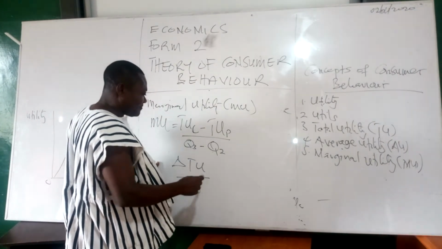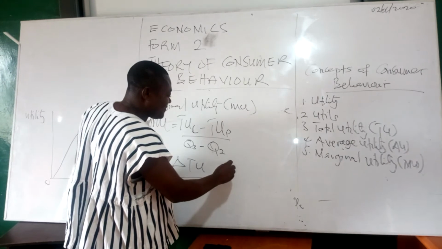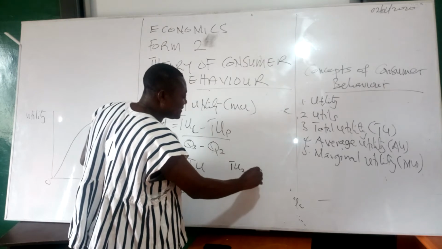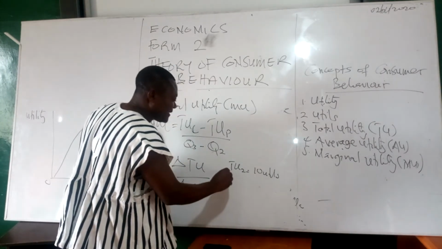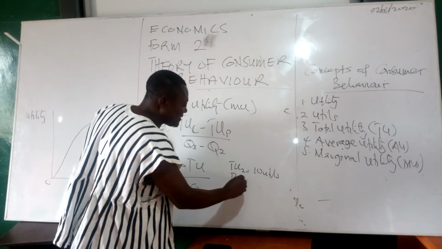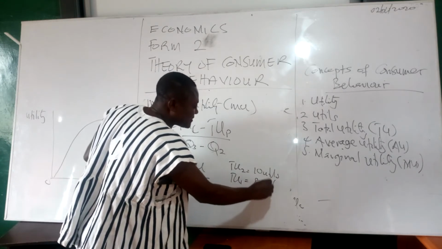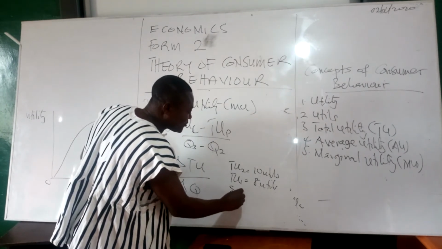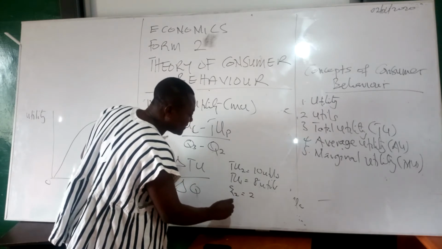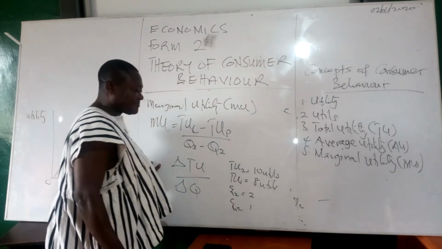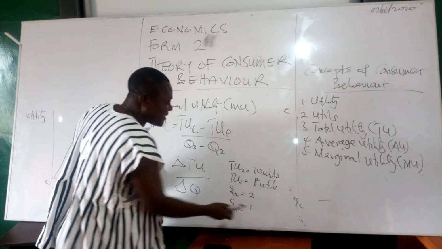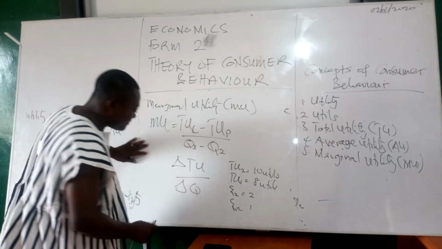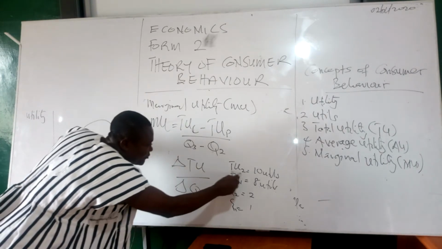For example, if TU2 is equal to 10 utils and TU1 is equal to 8 utils, quantity 2 is equal to 2 and quantity 1 is equal to 1, then you can calculate your marginal utility as follows.